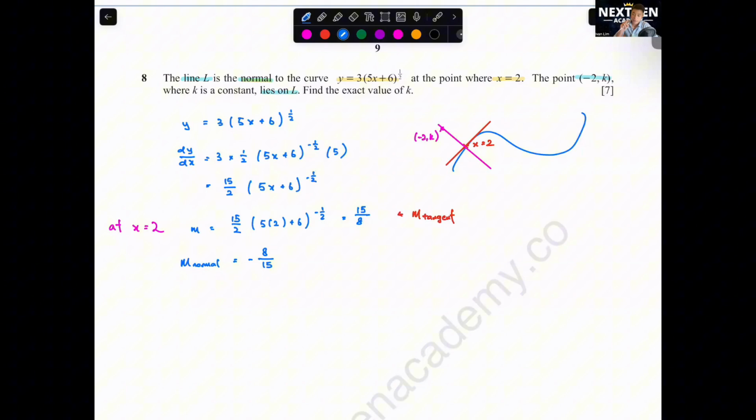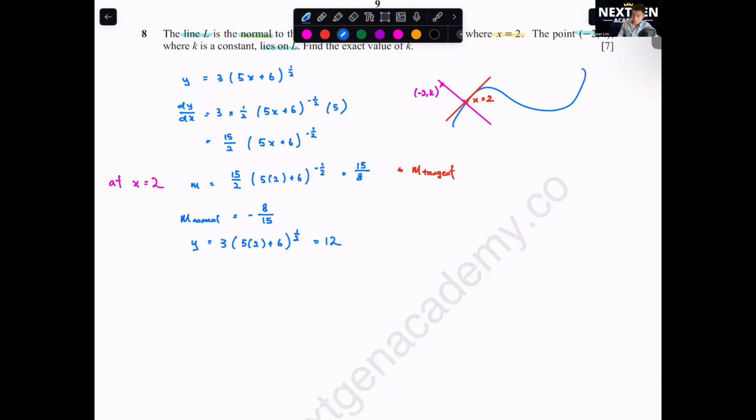I need to find three things: m, then x and y. X normally they give you already, so you need to find your y value also. So you substitute your x into the y equation. 3 times (5 times 2 plus 6) to the power of 1 over 2 equals 12. Okay, so I've got all these important points for my normal line. M is equal to negative 8 over 15, then I've got the point (2, 12).